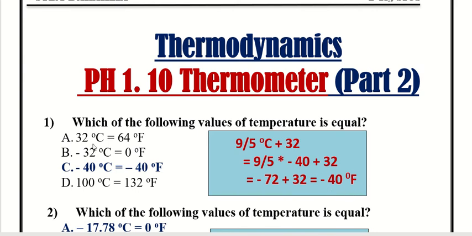But we have to test all these values. Of course, we can neglect one or two choices here. This choice is not logical, as the variation between Celsius and Fahrenheit cannot be double except by adding 32 degrees, whereas the factor is 9 by 5, so of course this value is not true.